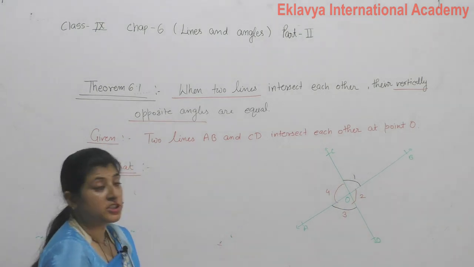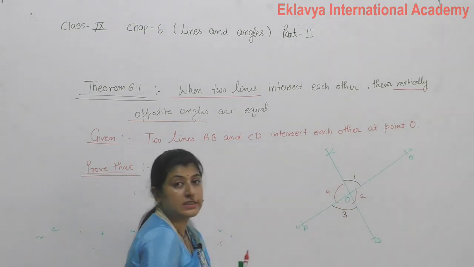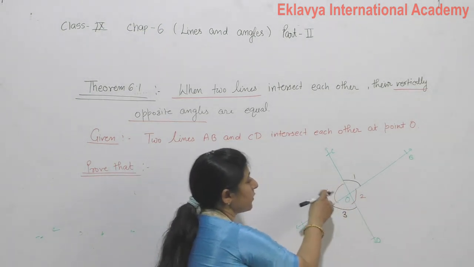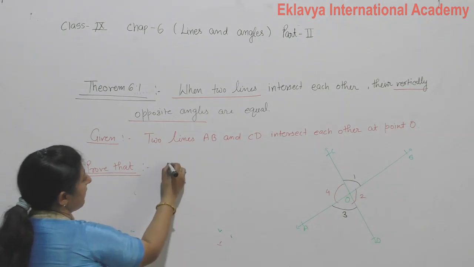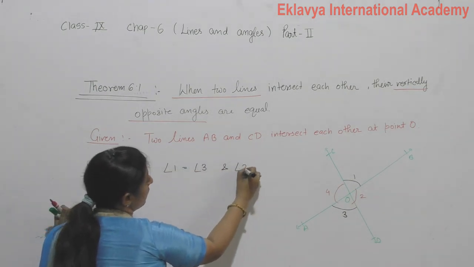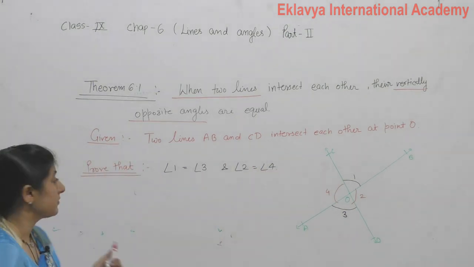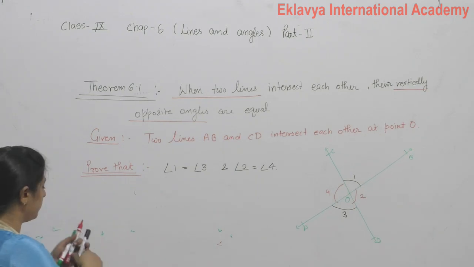Then vertically opposite, angle 1 is equal to 3 and 2 is equal to 4. It means we have to prove 1 is equal to 3 and 2 is equal to 4. Now we start our proof.